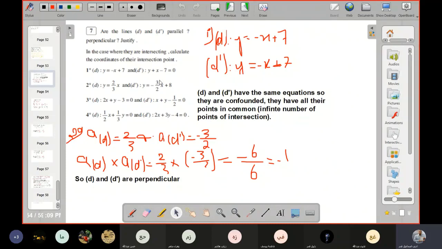Now we have solved part 1. In part 1, two lines were confounded because they have the same equation.